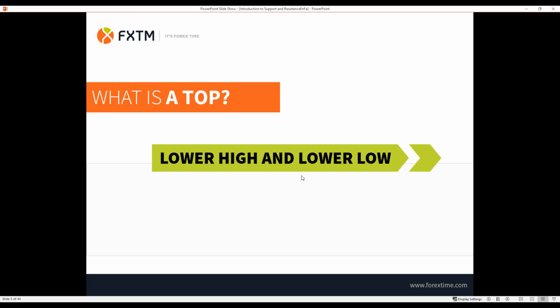Second definition, lower high and lower low. So in this definition, it's not enough to have a lower high. We also require that we have a lower low. That's why we say lower high and lower low. And if that condition is in place, then the top is right here.